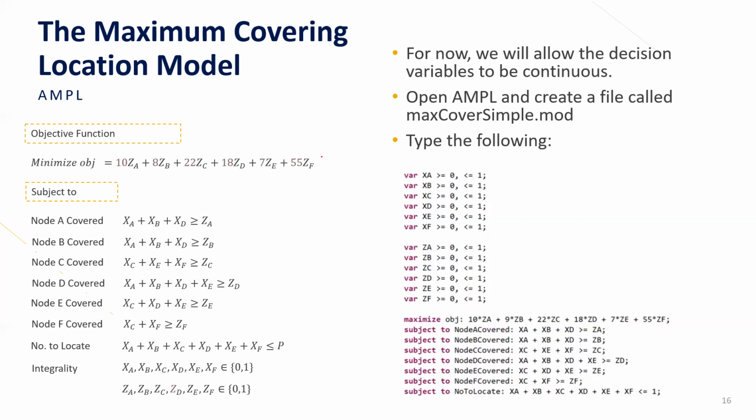Let me set the pen again later. Okay, the minimize objective here is represented here. And the node covered for A is XA plus XB plus XD greater than or equal to ZA. It's this one, XA plus XB plus XD and ZA.